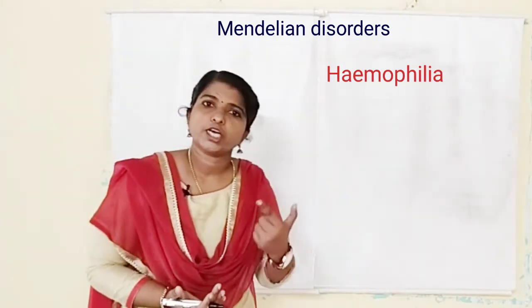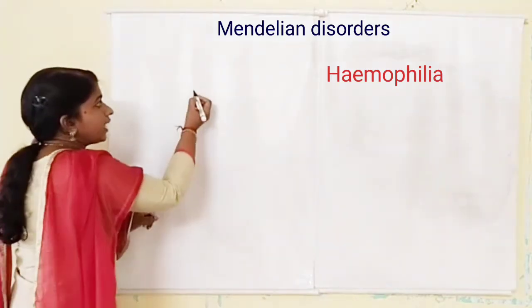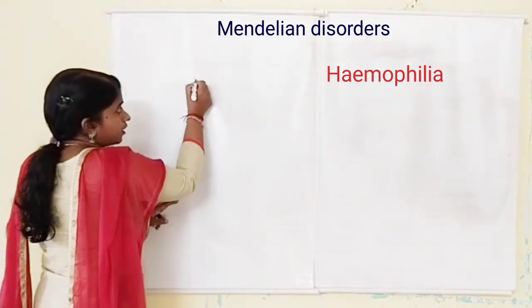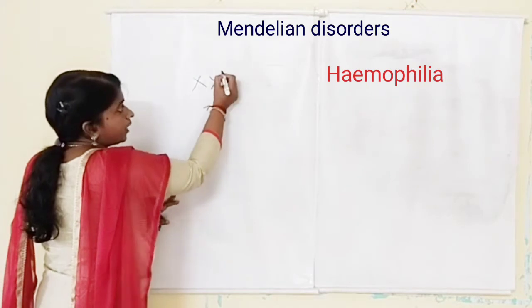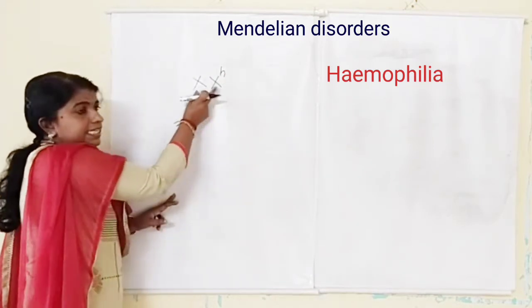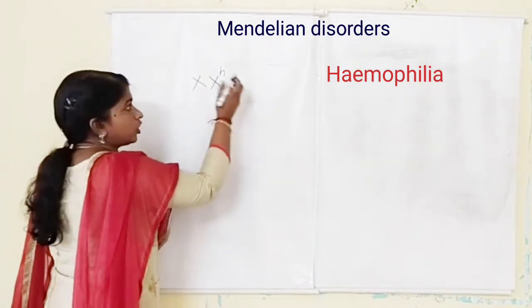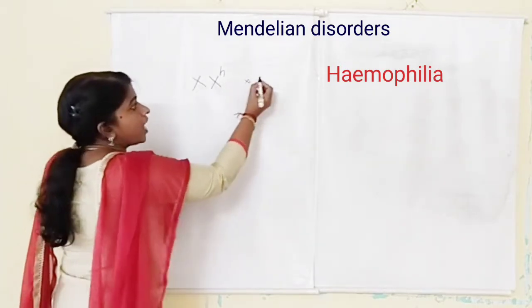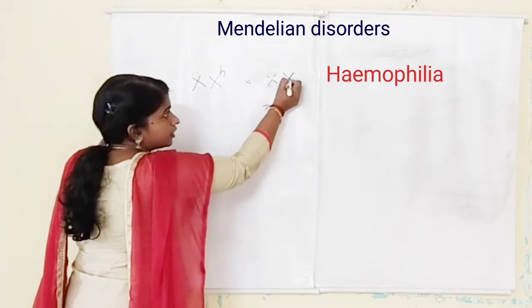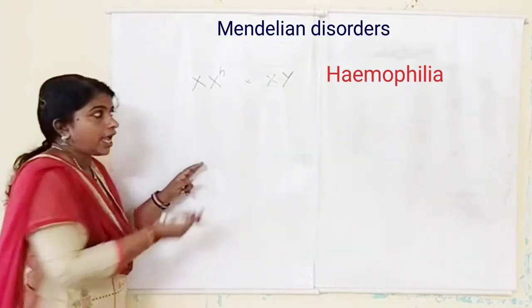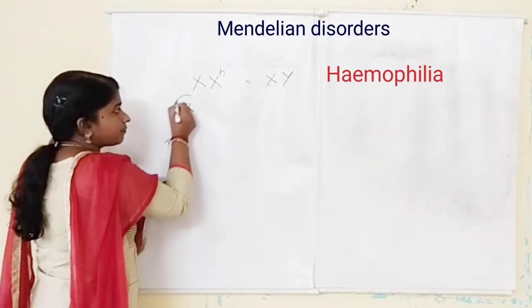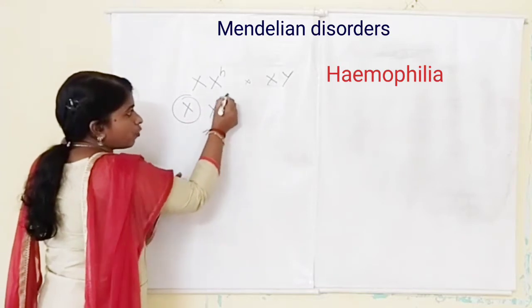I will write a cross here. Suppose the mother is a carrier. So this is an X-linked inheritance. The mother is a carrier, and here the father is normal, and the gametes are formed like this.